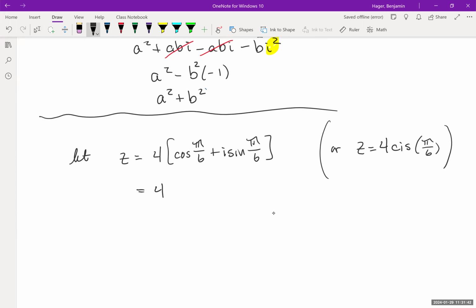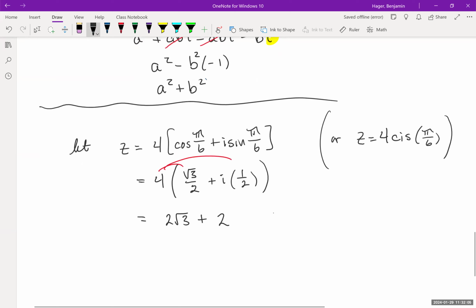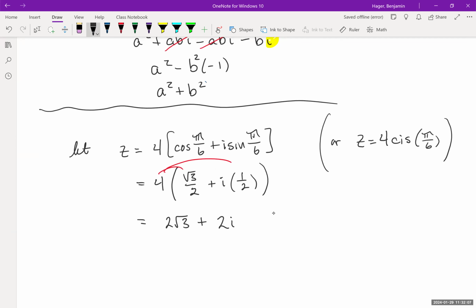So remember, to convert to algebraic form, a plus bi, I simply clean this up, do the trig, and distribute the 4. Cosine of pi over 6 is root 3 over 2. Sine of pi over 6 is 1/2. And so then if I were to distribute the 4 into there, I would get 2 root 3 plus 2i.